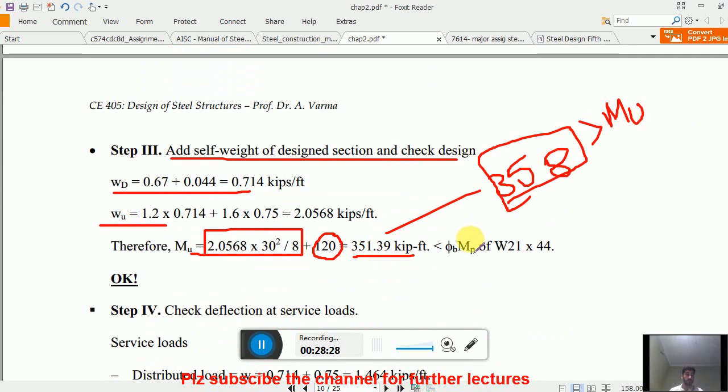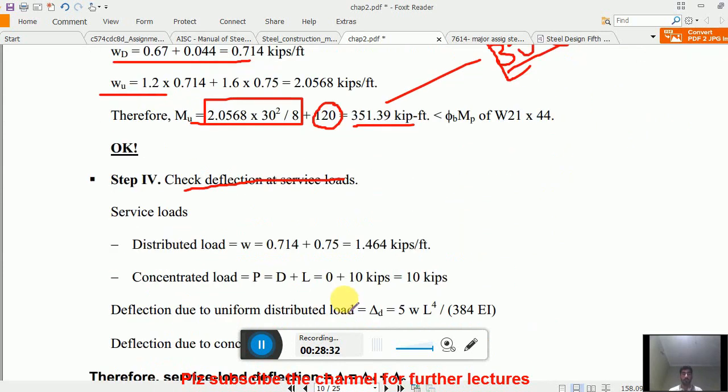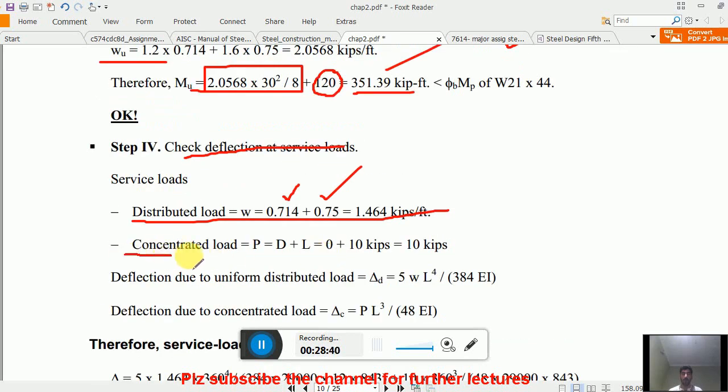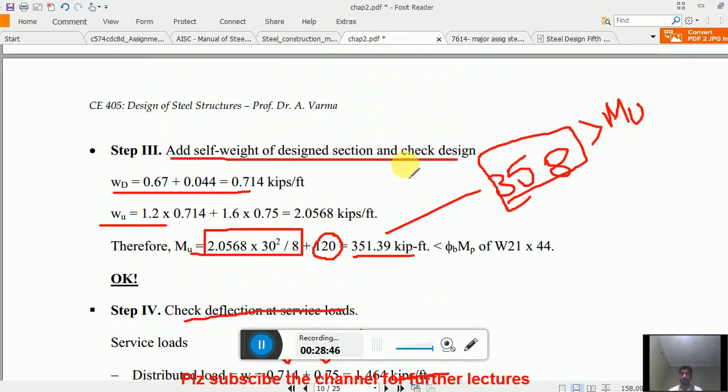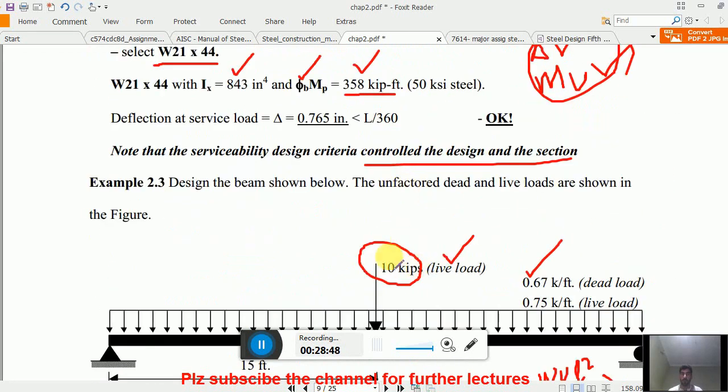Now, if they check for the deflection, for service deflection, they find out the distributed loads. See, dead load, live load, and then the concentrated loads. Remember, here dead load is 0 because we have live load but we don't have dead load, so that's why PD is basically 0.